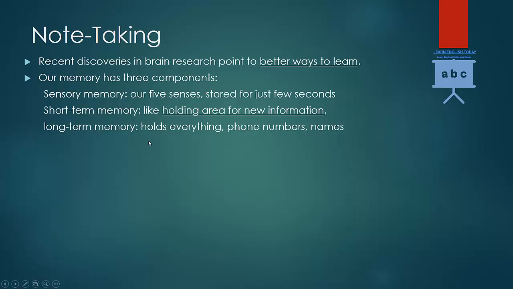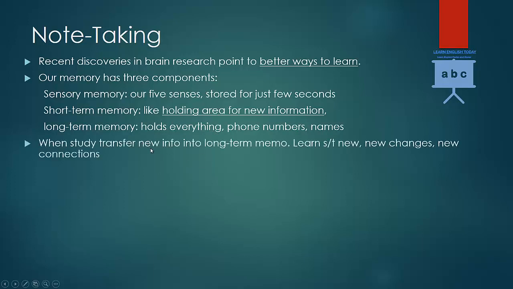The next paragraph is when study transfers new information into long-term memory. When we study something, we try to transfer new information to our long-term memory. And when we learn something new, our brain builds new changes, or new connections.